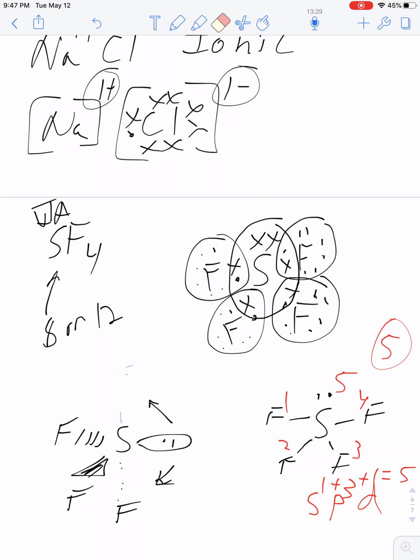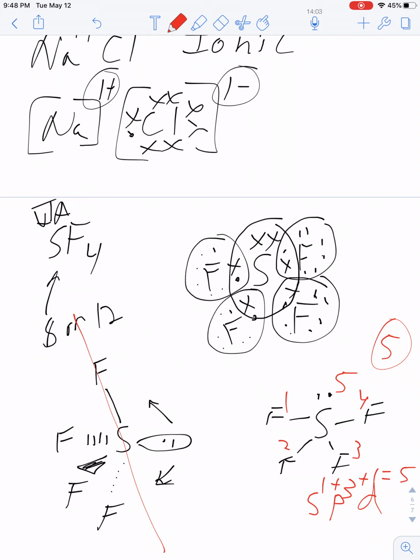So that means this fluorine goes in this way a little bit. This fluorine goes that way a little bit. These other 2 fluorines get bent closer together. Okay? And there you go. All right, so obviously if I chop this thing down that line, you don't get symmetry. Okay? So this one is asymmetrical and therefore polar.